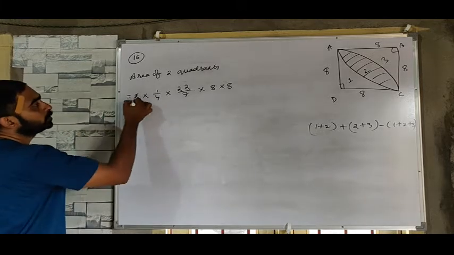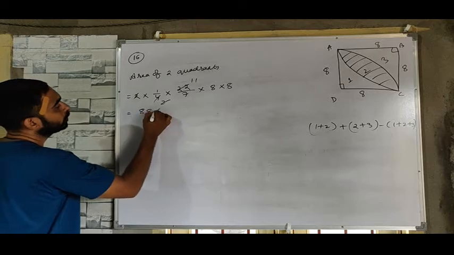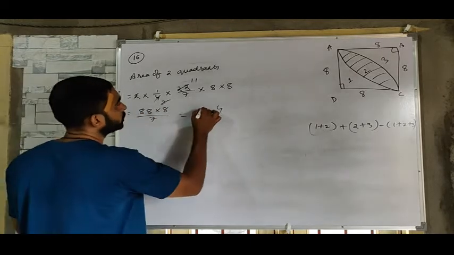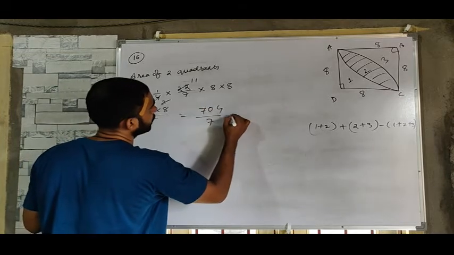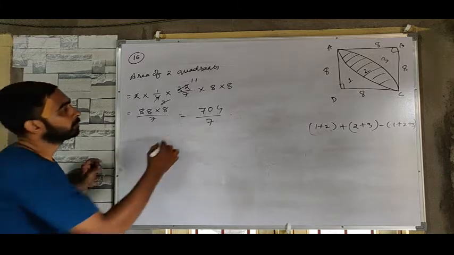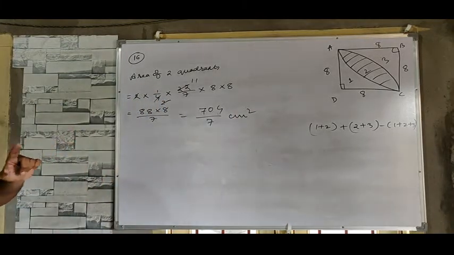Now 2, 11. So 88 into 8 by 7. 4, 6, 64, 704. 704 by 7 square centimeter. So this is the area of the two quadrants.